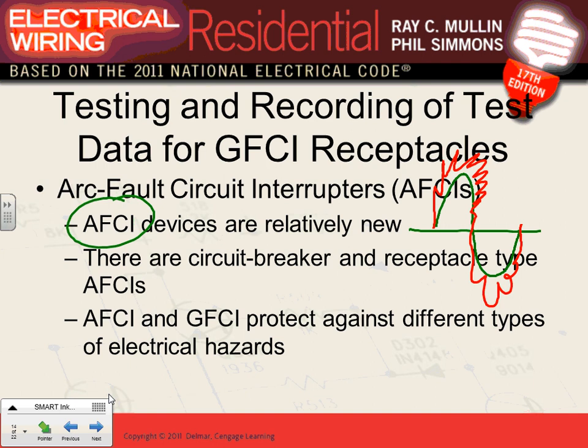You and I could care less because we don't see it. The people smarter than us take this signal and study the arcs, different arcs, the manufacturers of arc fault devices, and create an electronic circuit that, number one, senses that signal, number two, identifies it as an arc, and number three, opens the circuit before you create the fire. That's what the arc fault circuit interrupter is supposed to do. Now there's a lot of nuisance tripping because this signal could come from old equipment and so forth.